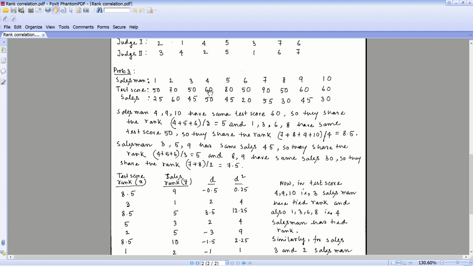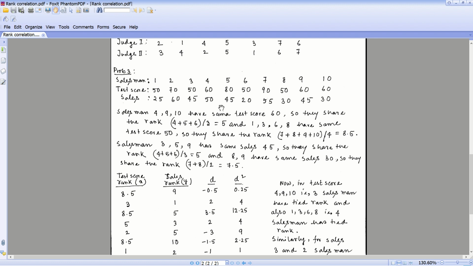Now the 60 value is given 3 times, so this will be 4, this will be 5, this will be 6. Actually they are the same, so for these 3 values you need to calculate the average. That's why we have written here 4 plus 5 plus 6 divided by 3, that will be 5. That means salesman 4, salesman 9, salesman 10 will get the same rank 5 because they are tied.